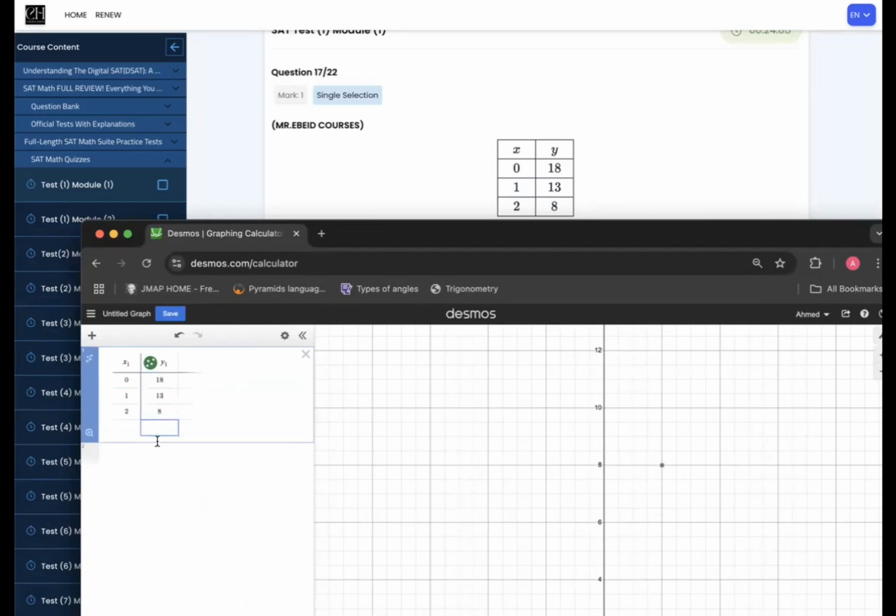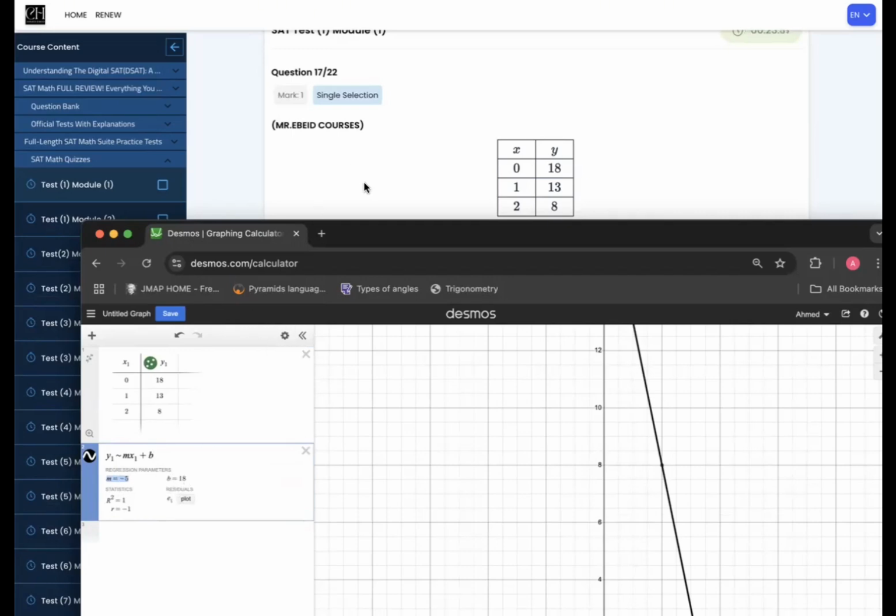Then go down, write y1, then press on this button, m, which represents the slope, then x1 plus b. You are correct if you have r squared equals 1 and r equals -1. This is the value of the slope, m equals -5, and b, the y-intercept, equals 18.